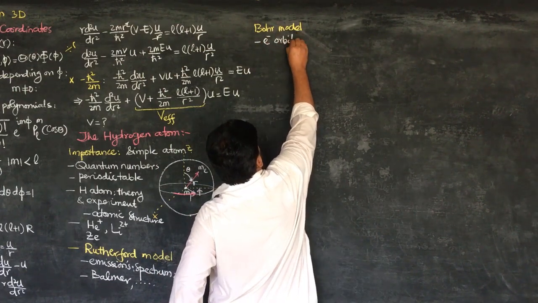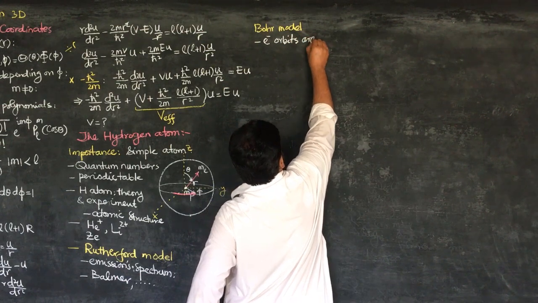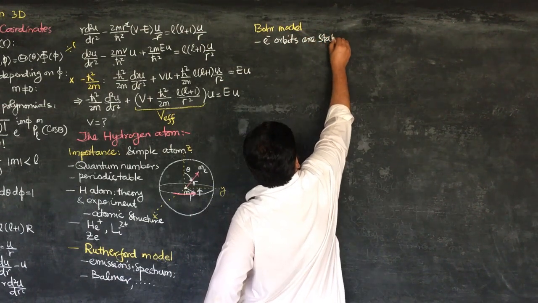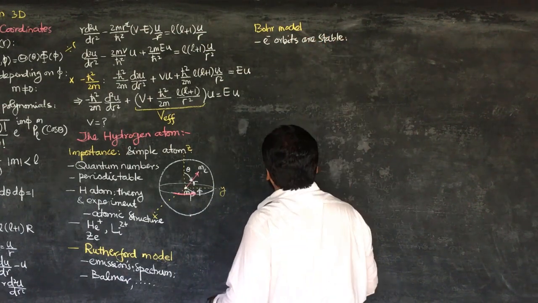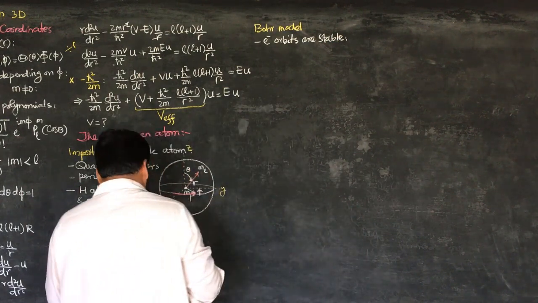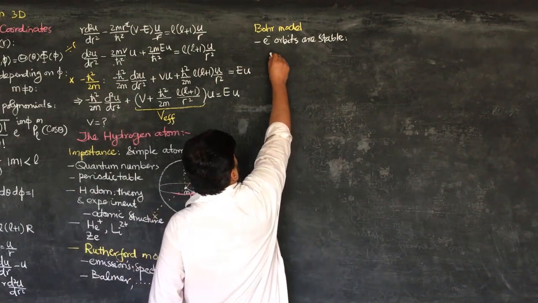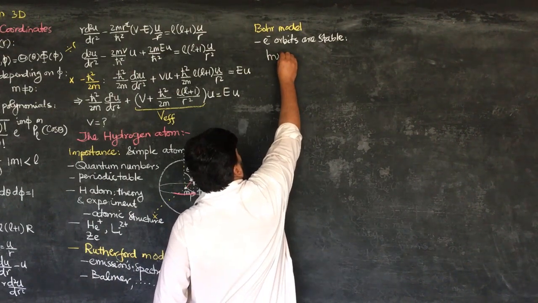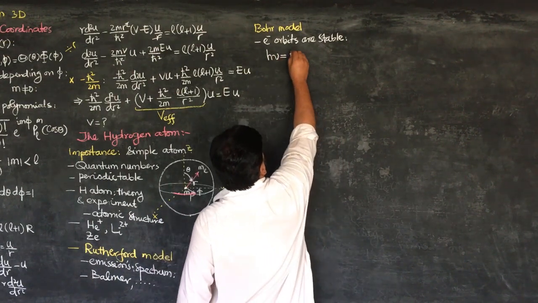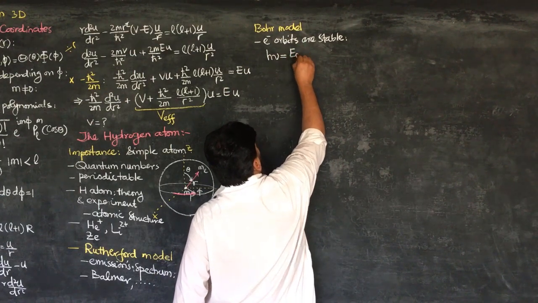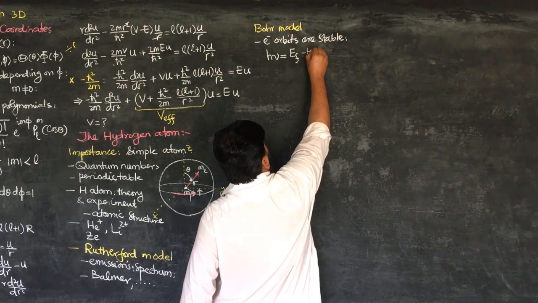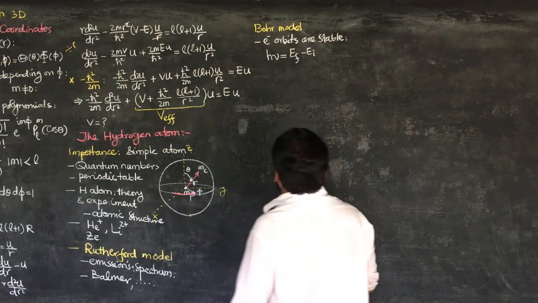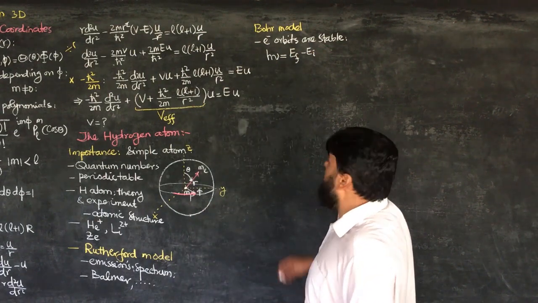In this model, Bohr said that the electron orbits are stable, or we say that they are fixed, and the electron will lose energy or emit radiation or absorb radiation when it jumps from a higher orbit to a lower orbit.